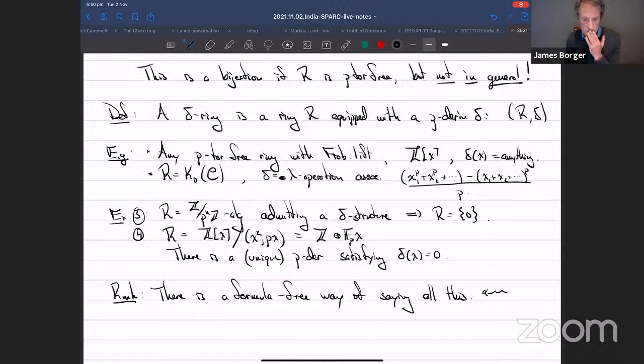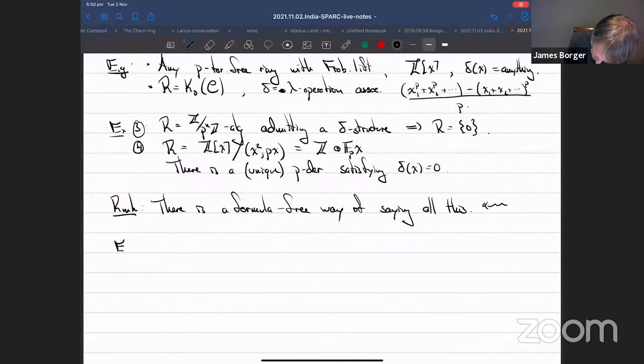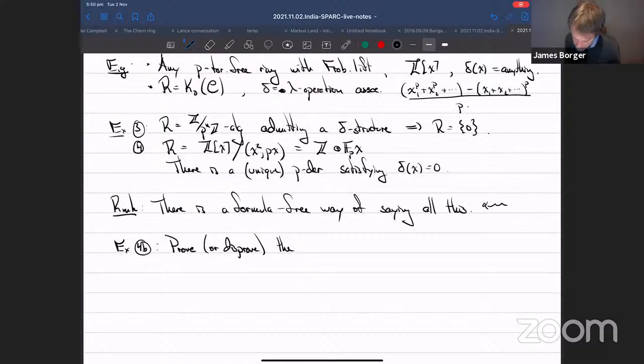Okay, I wanted to say one more thing, which I think I forgot to put in my notes, but it just occurs to me. So here's another exercise, I'll call it 4B. I'm certain it's true, but since I haven't gone through the trouble to write it down and think about all the steps, I'll just say prove or disprove. I guess the first step is to formulate it properly, precisely.